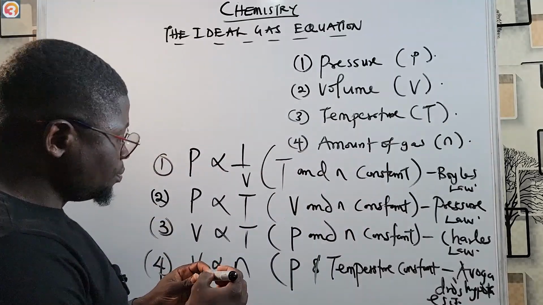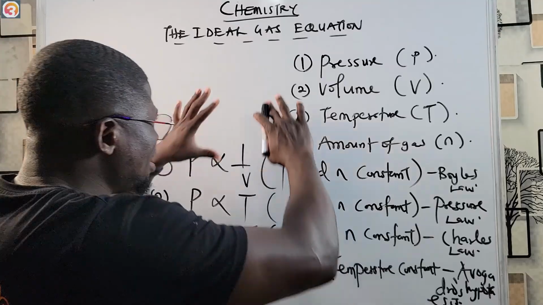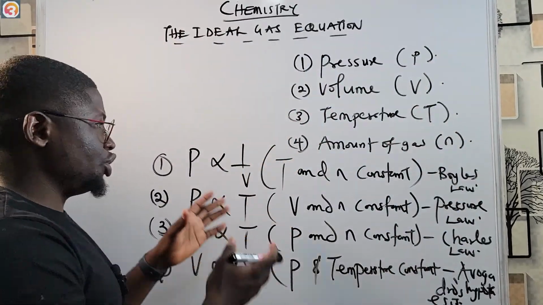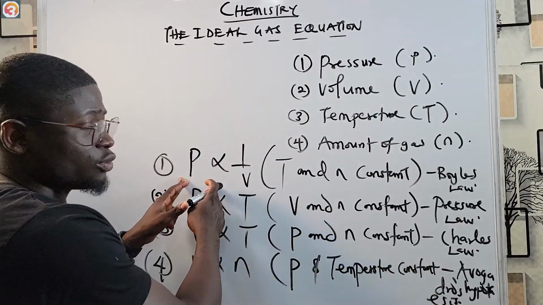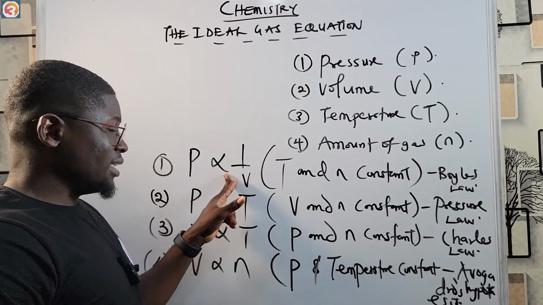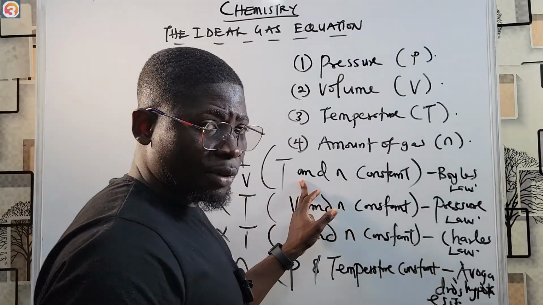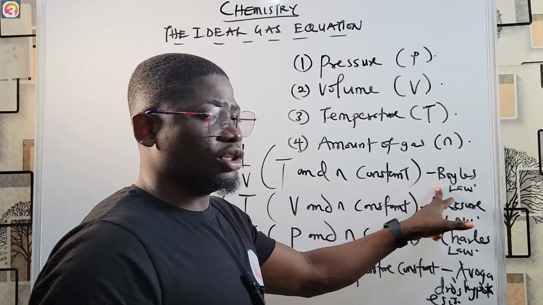All right. So I said there are other relationships between pairs of these variables, in which two were allowed to change, while two were allowed to be constant. So I've seen this first one, pressure and volume. In Boyle's law, pressure is inversely proportional to volume, and temperature and amount of gas are constant.